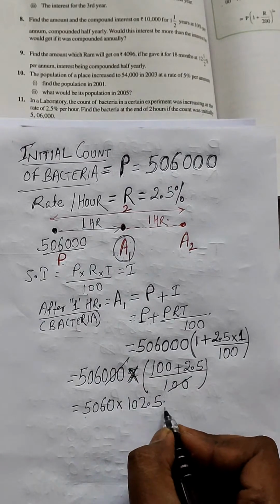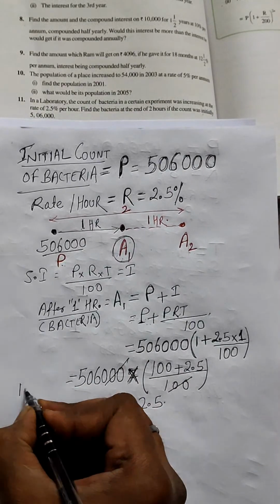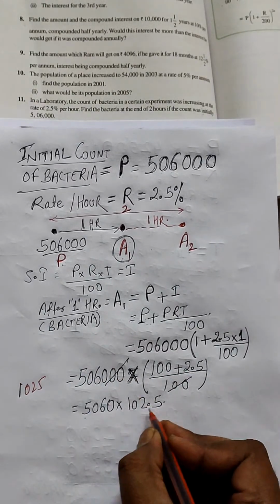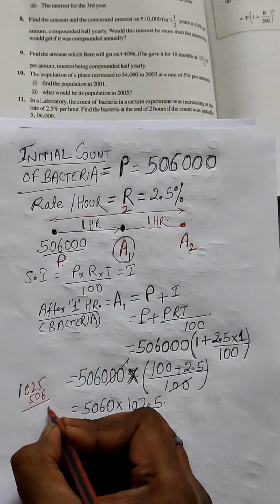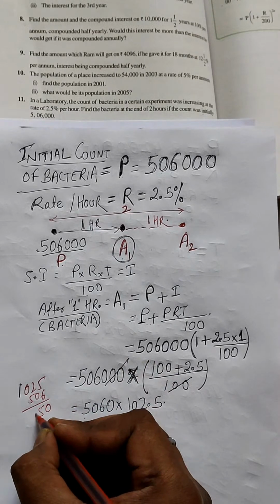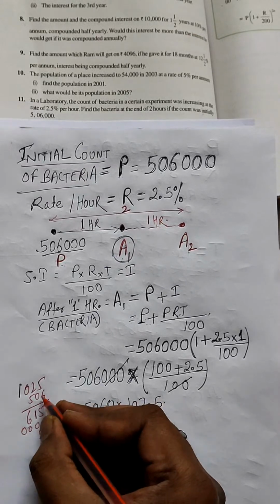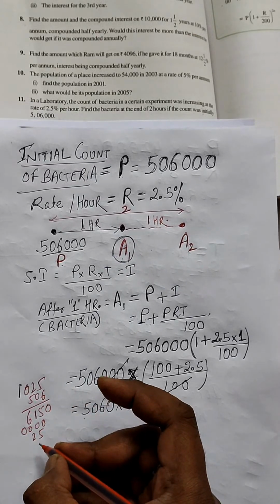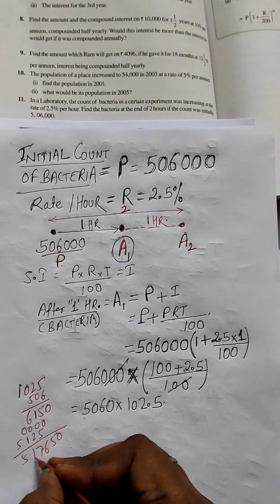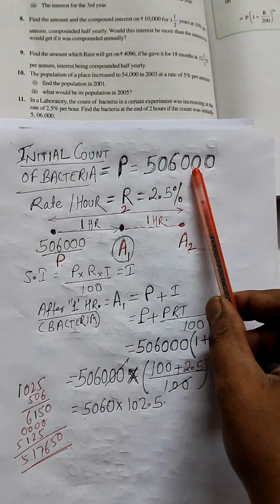Now, 5060 into 102.5, the decimal will be compensated, so we can multiply 1025 into 506, which gives 517650.